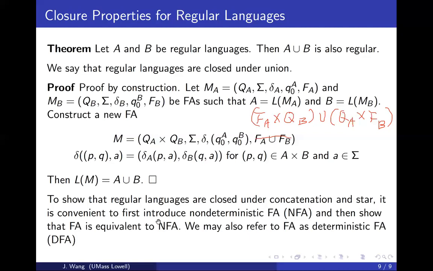So it is convenient to first introduce non-deterministic FA and then show that FA is equivalent to NFA. Then we can use NFA to show that regular languages are closed under union, under concatenation, and under star. That's why these three operations are called regular operations.